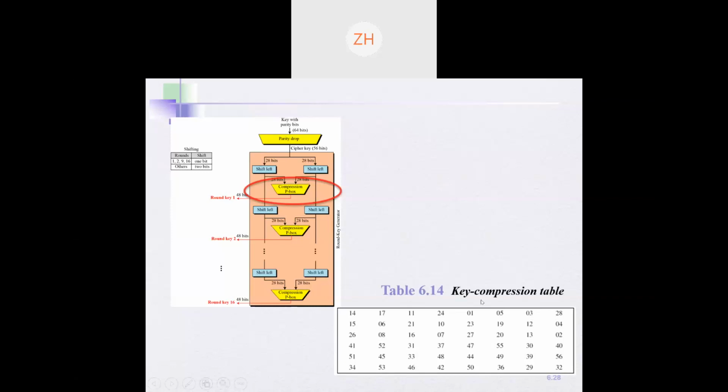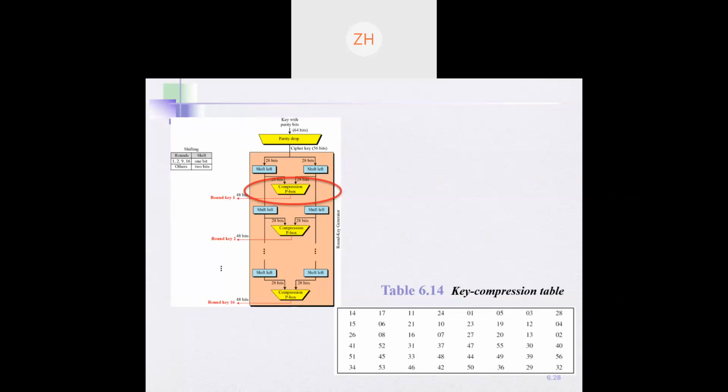Bit 5? Bit 6? 7? 8? Now bit 8 has not been dropped. And so on, I cannot see anymore. In this table there's no structure, but the bits that have been dropped are fixed for this algorithm.